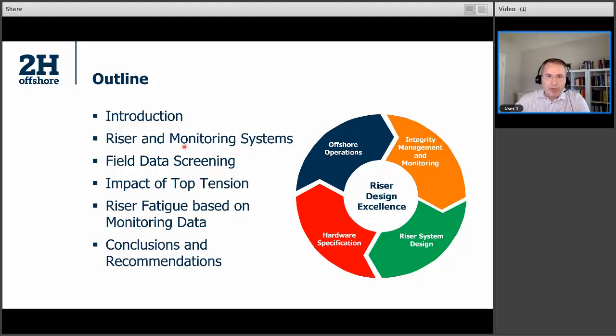And then I will talk about key findings from the field data screening, and more importantly, the impact of top tension variation on the riser response. Next, I will show the fatigue results calculated based on monitoring data. And finally, I will present conclusions and recommendations.